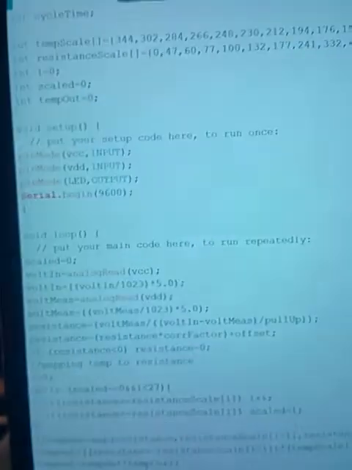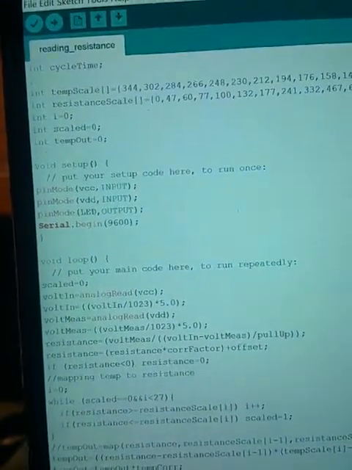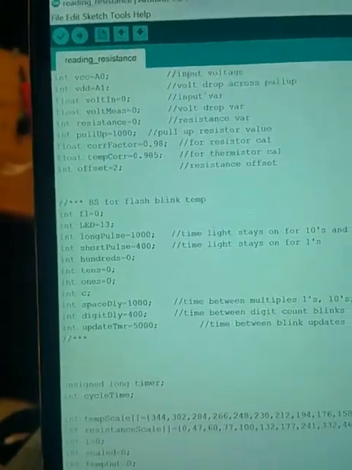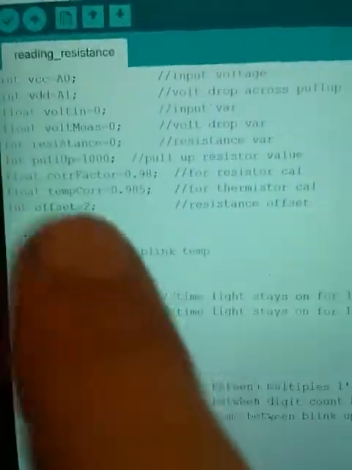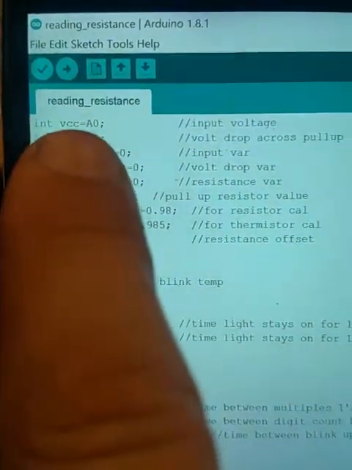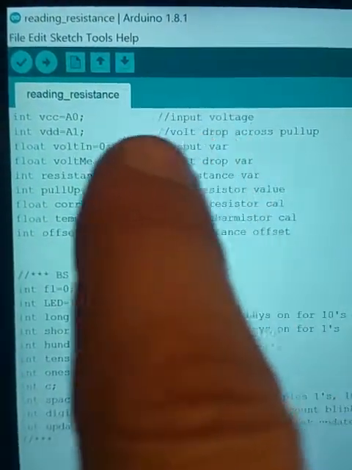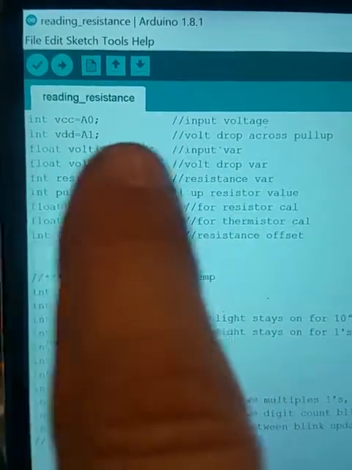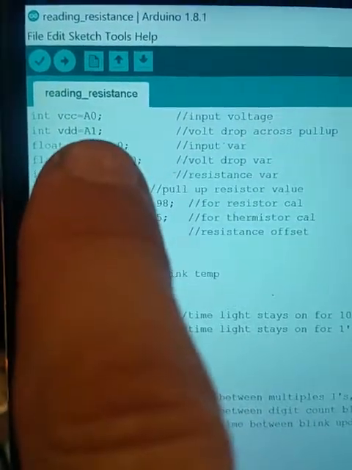So, with that being said, if I go over here, over here I'm declaring that pin A0 is going to be my voltage input, VDD, and the voltage drop across the pull-up resistor is on pin A1.